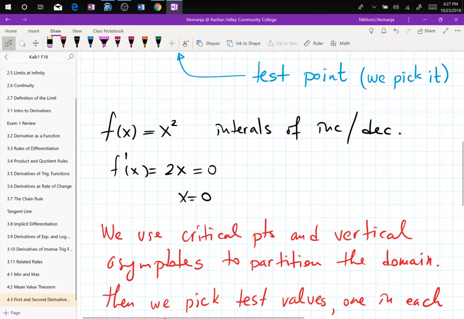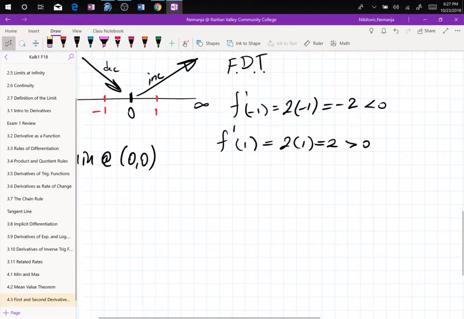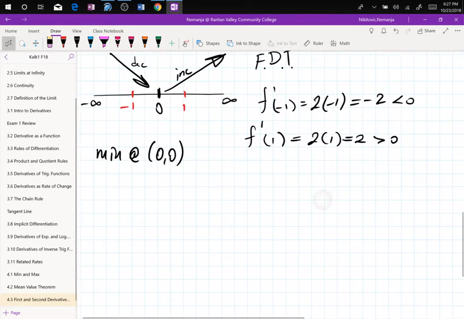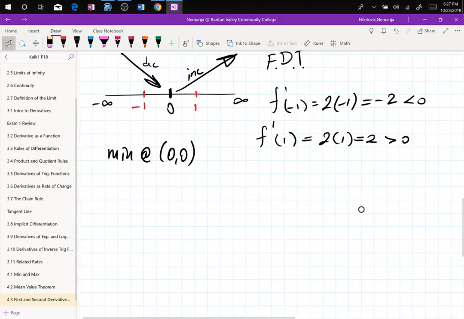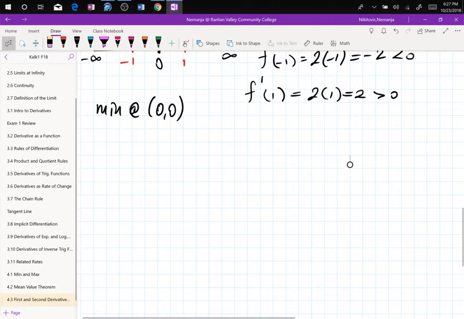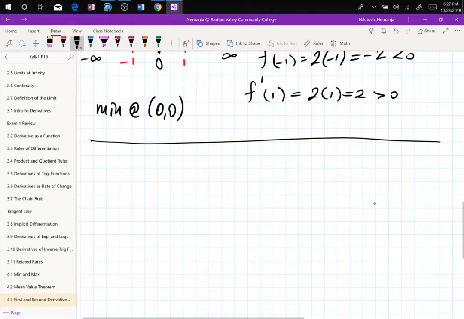And then pick a test point in each one of them, and then use them in the first derivative because you are working on the first derivative test. That should make sense. All right, let's take a look at some problems from the textbook, and then we'll go and do the second derivative test.